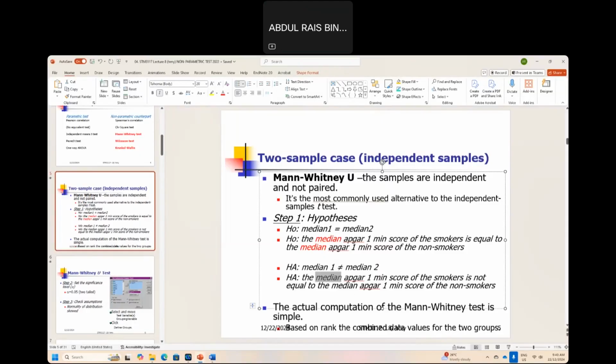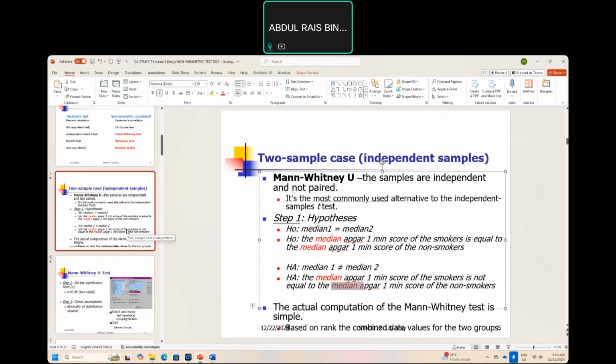Whereas for your HA, you can write saying that you predict there is a significant median difference between group A and group B, right?